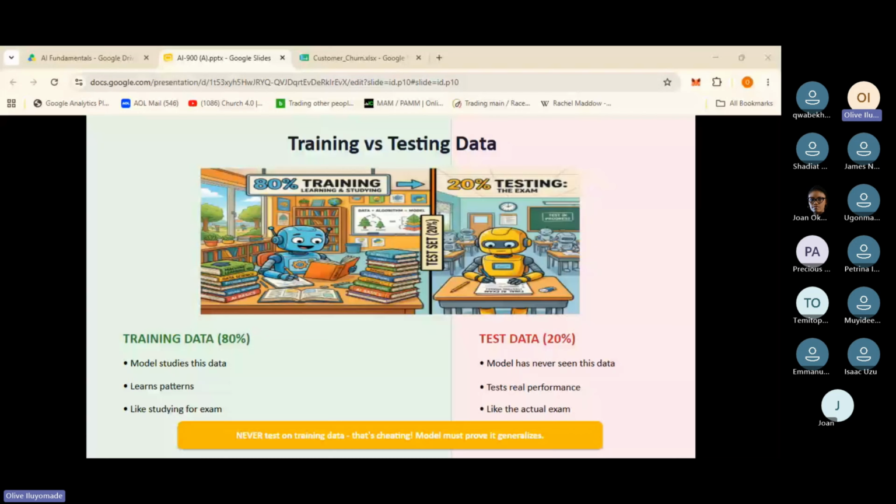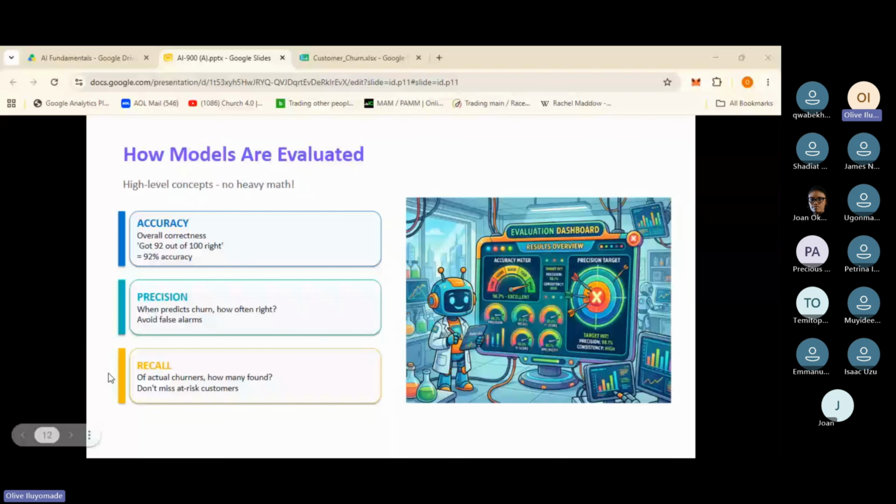So how are models evaluated? We can say accuracy is when you have 92 out of 100 right. So from 92% upwards, we will say that the model has performed well.